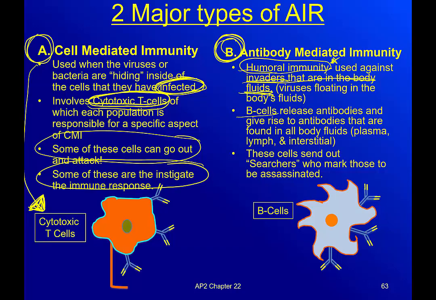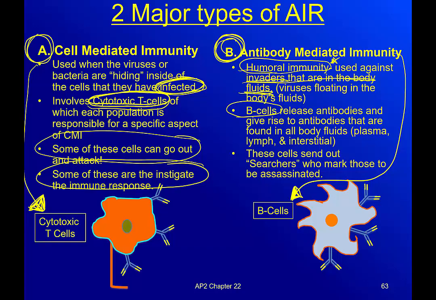B cells are responsible for antibody-mediated immunity. So just like cell-mediated immunity with cytotoxic T cells, B cells are responsible for this. Why? For all intents and purposes, B cells are antibody factories. So them being in charge of antibody-mediated immunity makes sense.